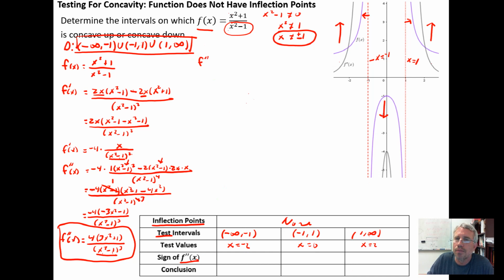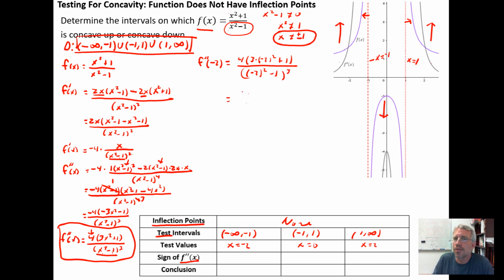So f double prime evaluated at negative 2 is going to equal 4 times 3 times negative 2 squared plus 1 over x squared minus 1, so it's going to be negative 2 squared minus 1 all cubed.